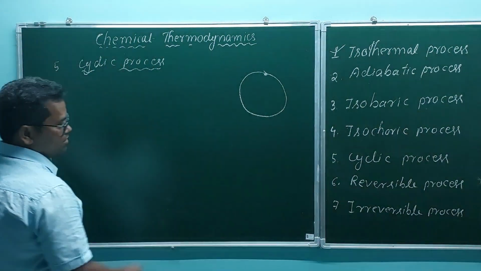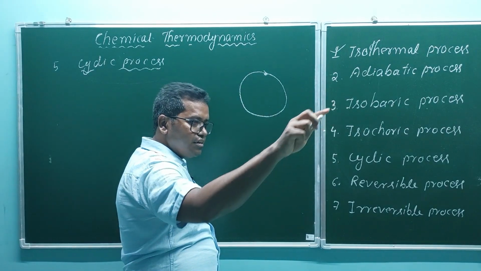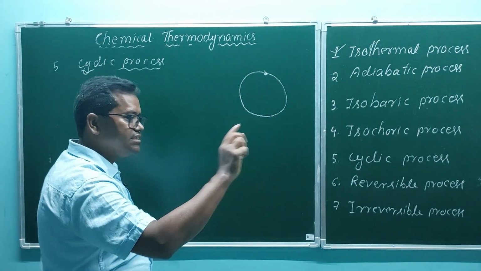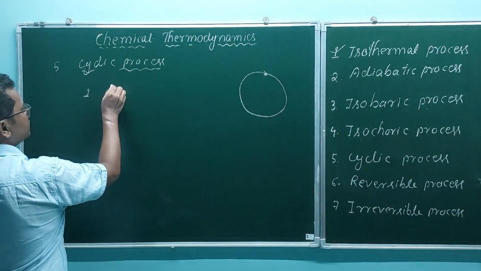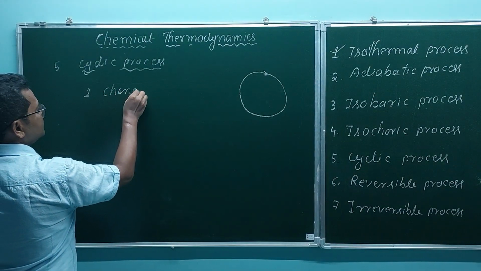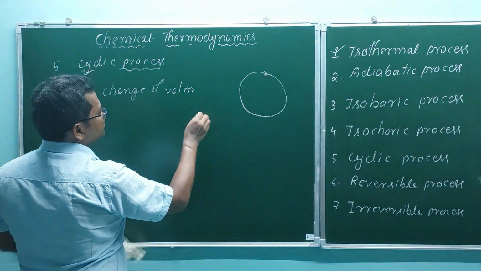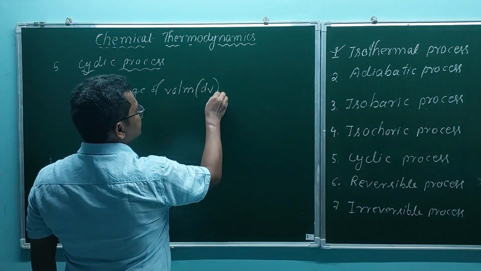So in a cyclic process, since the system returns back to the initial state, the initial and final states are the same. Change of volume, dV.